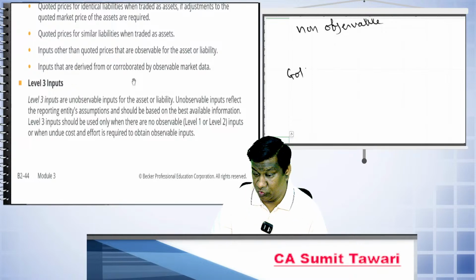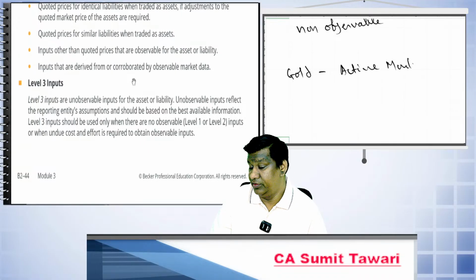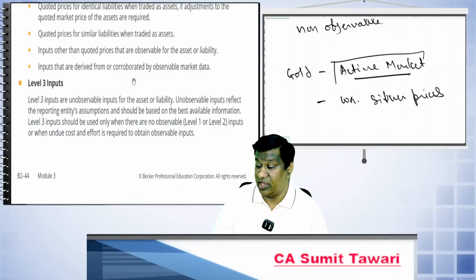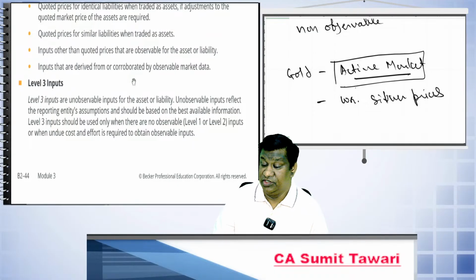If an active market is available for gold, still you are calculating with reference to silver prices. Are you going to do it? No, sir. We have to go for the active market itself. Yes. Okay, so it is clear.